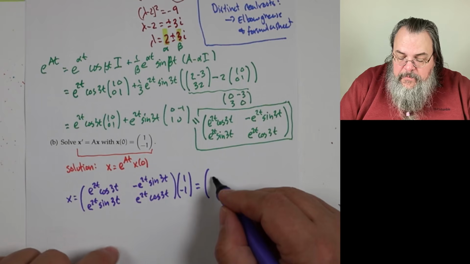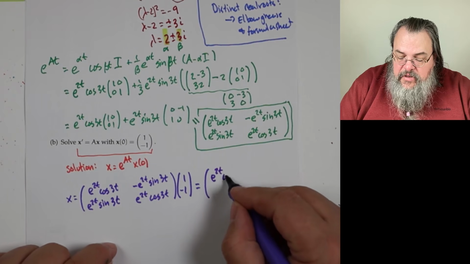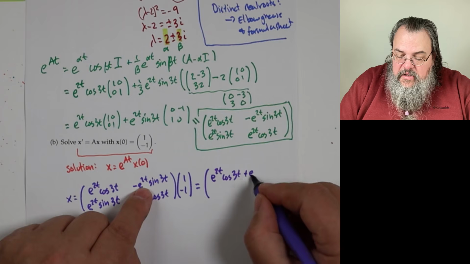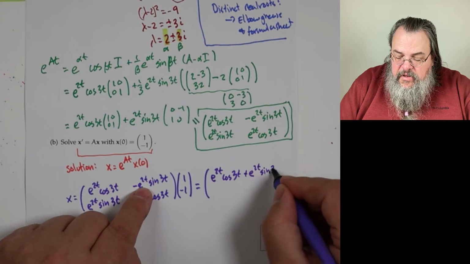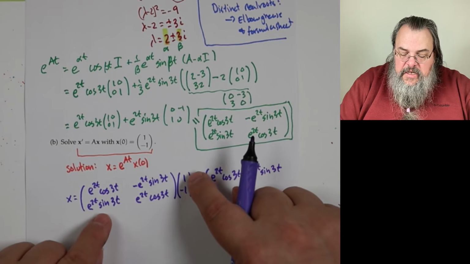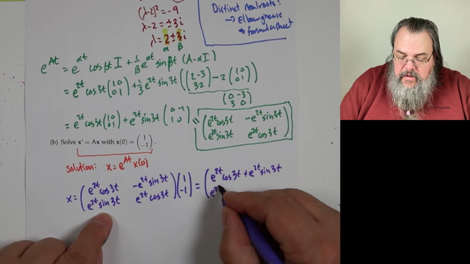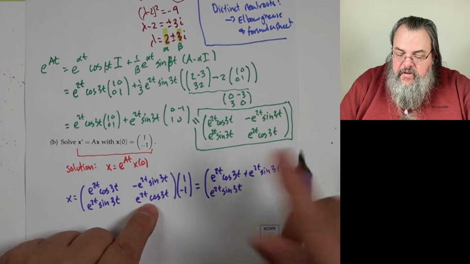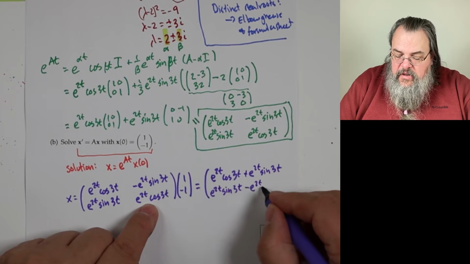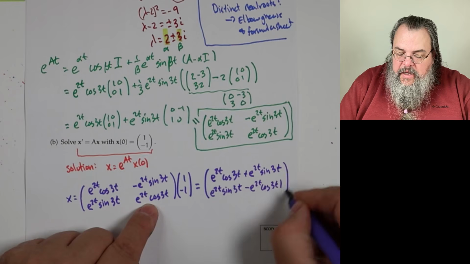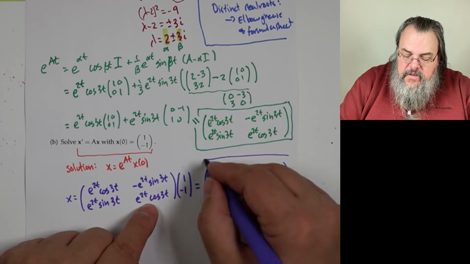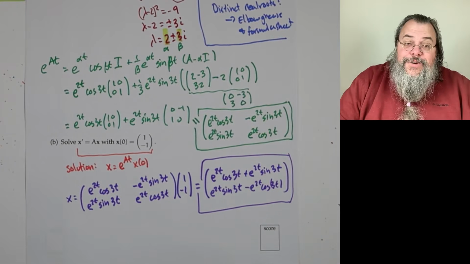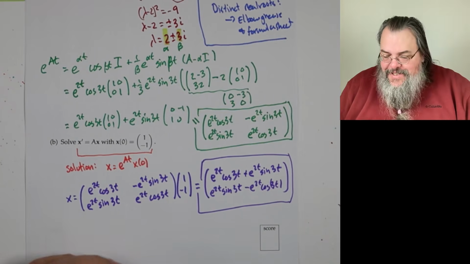So we get in the first slot e to the 2t cosine 3t plus e to the 2t sine 3t. Then in the next slot, e to the 2t sine 3t minus e to the 2t cosine 3t. And there's the answer. Kapla', which, as we all know, is Klingon for success, right?